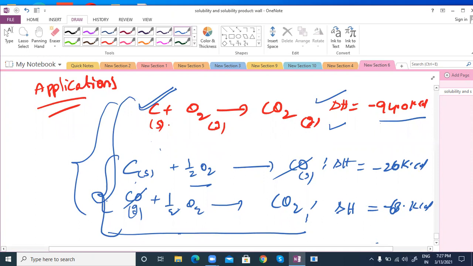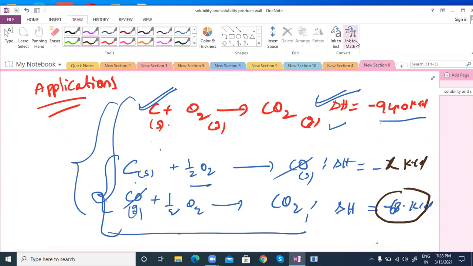Suppose for example they give the direct CO2 formation value and they give an X value in kilocalories, then they give the final value also. We can now calculate this X value. So these are the intermediate steps. Intermediates' formation energy can also be calculated using this, which is one of the applications.